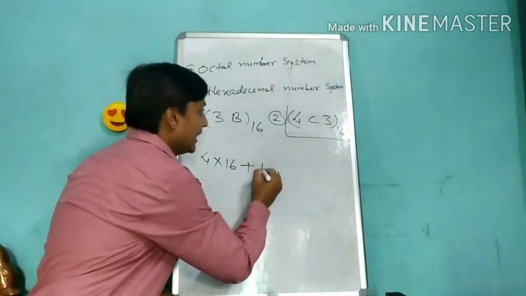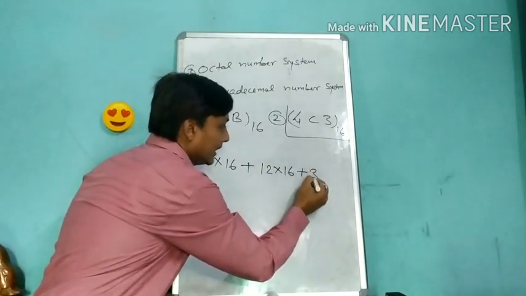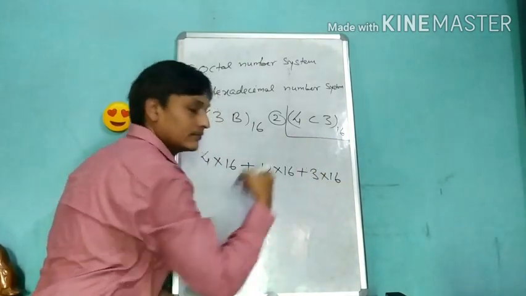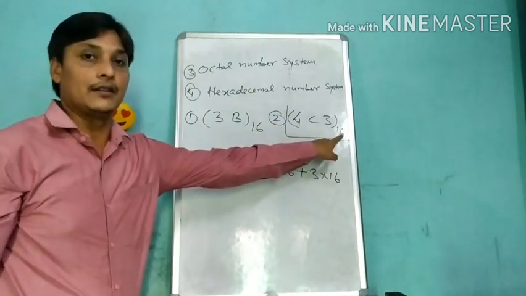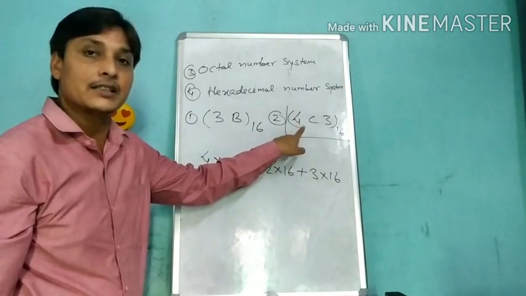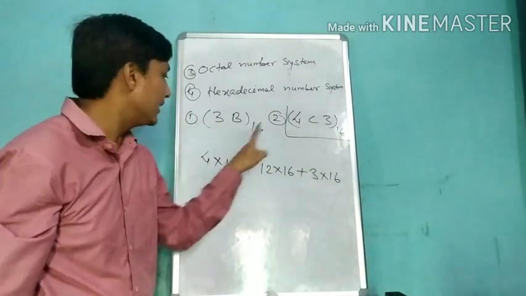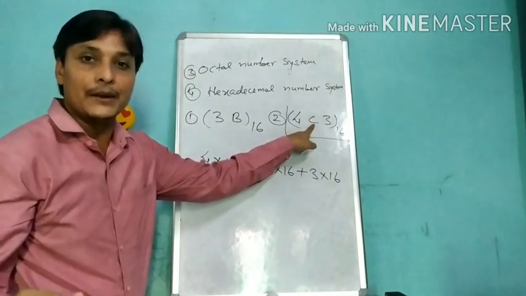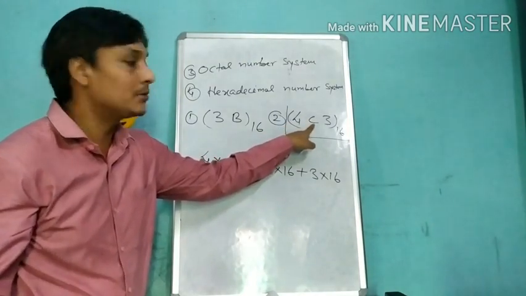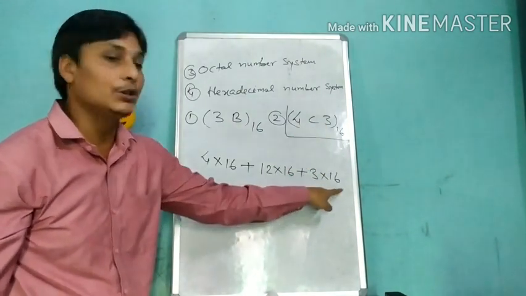Very good. 12 into 16 plus 3 into 16. Am I right? What we have to do is take the first digit, 4, multiplied by the base, 4 into 16, plus the value of C which is 12. A, B and C: 10, 11 and 12. So 12 into 16 plus 3 into 16.